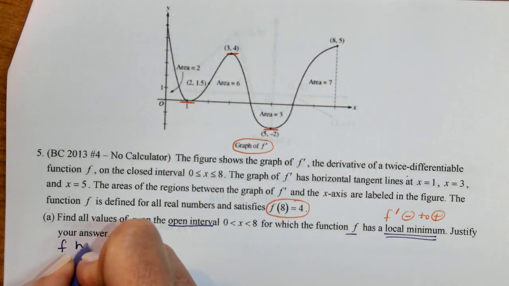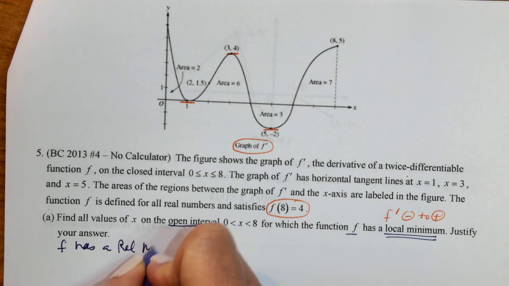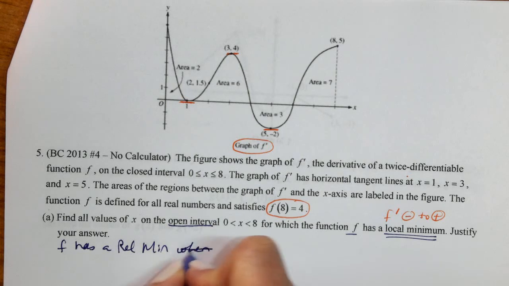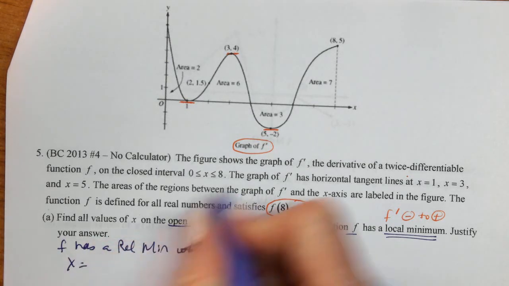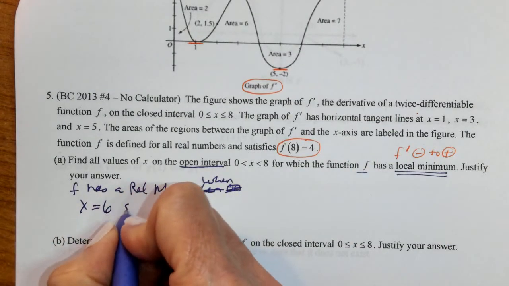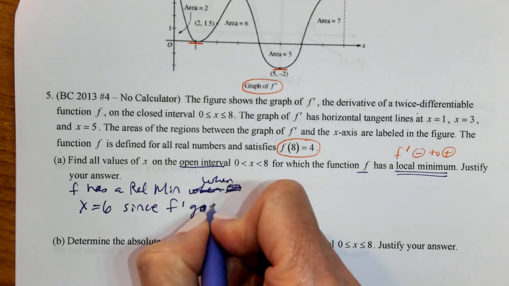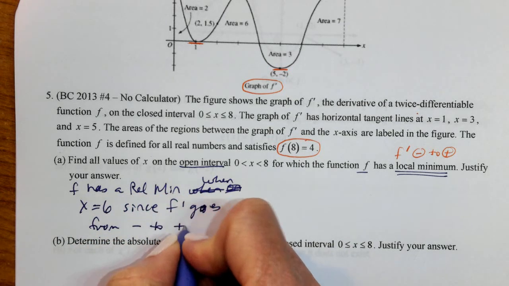So f has a relative or local min when x is equal to 6, since f prime goes from negative to positive.